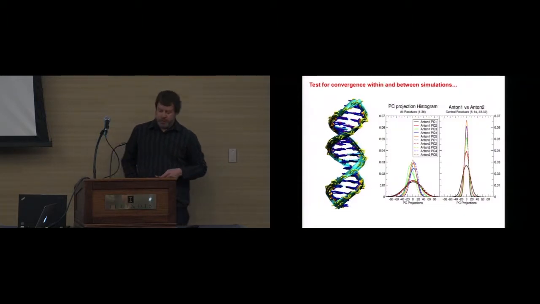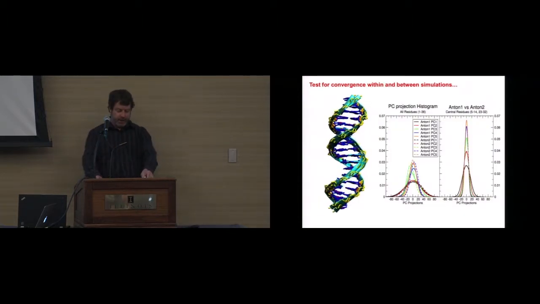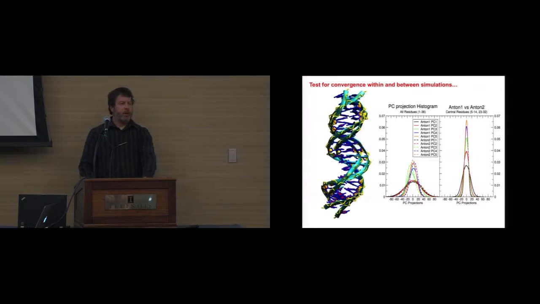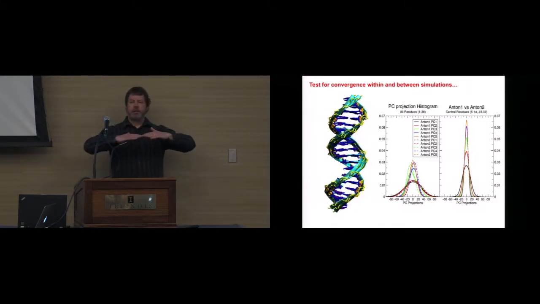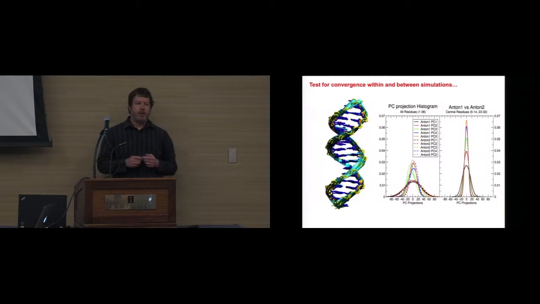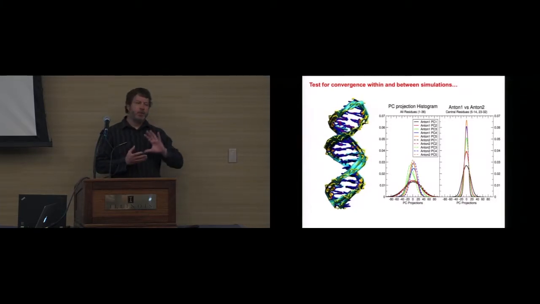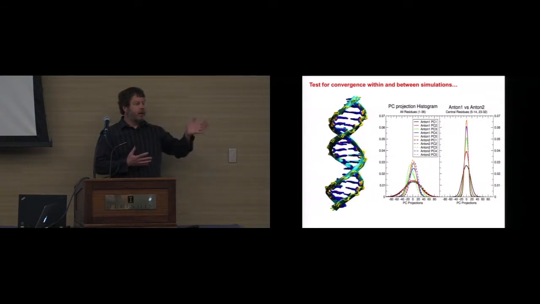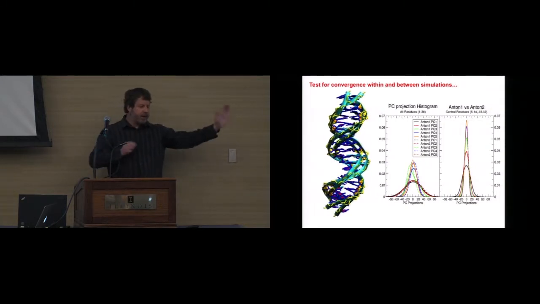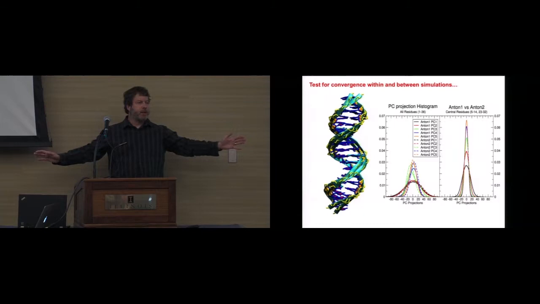We developed some tools to compare simulations very easily. One is with principal components, where you combine the 2 trajectories and calculate the covariance matrix, essentially the principal components, and then you project those eigenvectors back on the individual trajectories separately.